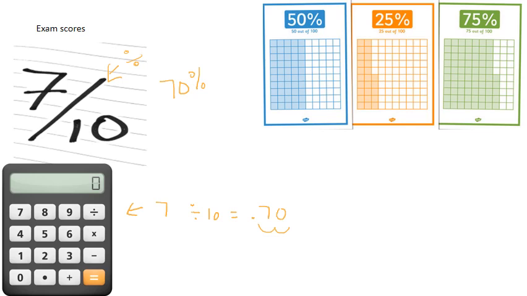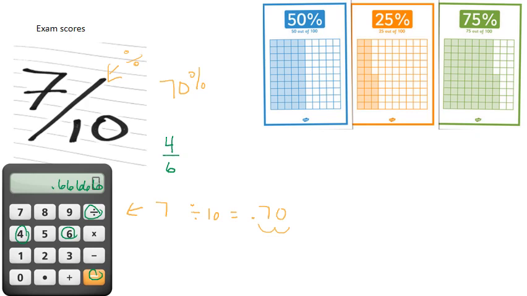Now, what if you get 4 out of 6? Well, I don't know what the percent of that is. So you could type that into your calculator. I'm just going to do that with you. You would hit 4, divide by 6, hit the equal sign, and it would show you 0.66666 repeated.